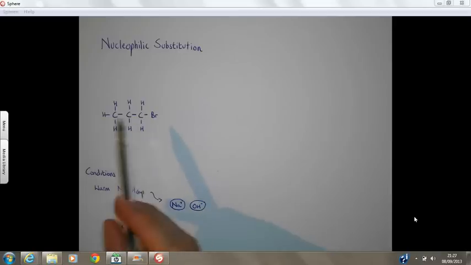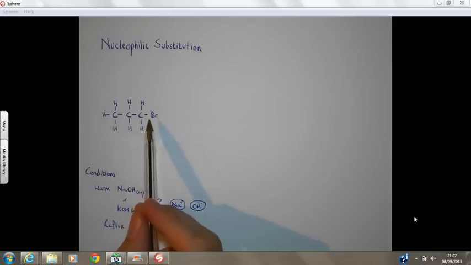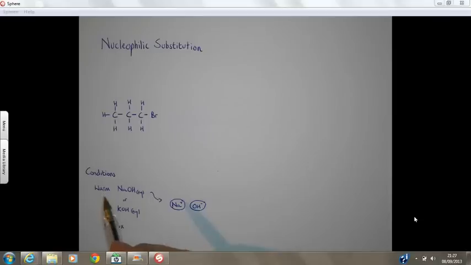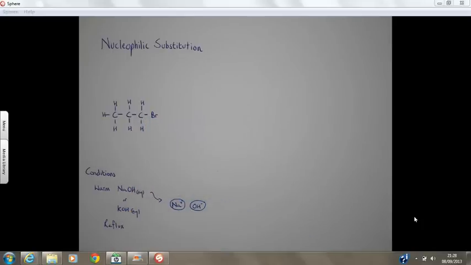Now in haloalkanes, the bond between the carbon and the halogen is polar. That means that the electrons in the bond move closer to one end than the other, and they move closer to the halogen than the carbon. The halogen, the bromine in this case, is more electronegative than the carbon, and so it draws electrons towards itself.